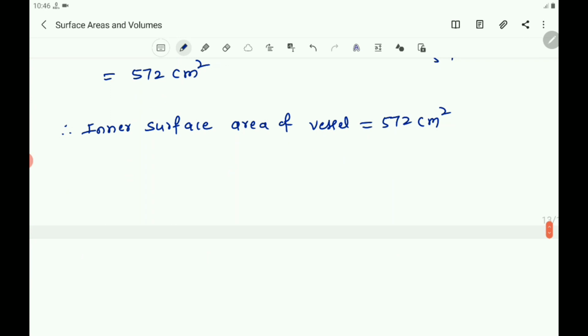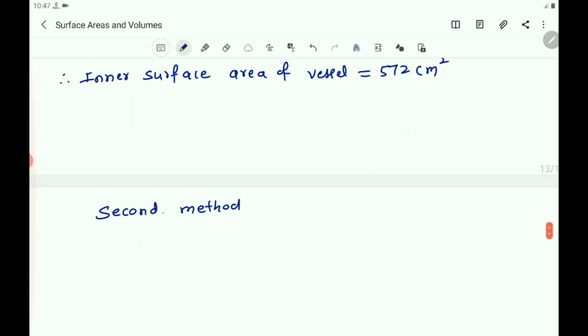And let us discuss the second method, which is convenient for you. You can follow that second method and do it together. Here you have to take the values separately. R equals D by 2, that is 14 by 2 equals 7 centimeter, and H, which is required for the cylinder, is 13 minus 7 equals 6 centimeter.